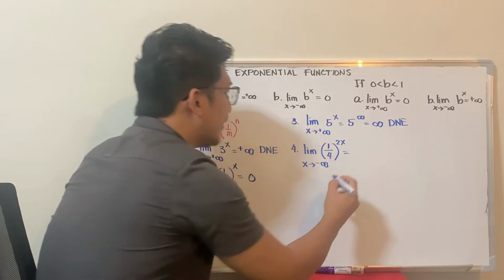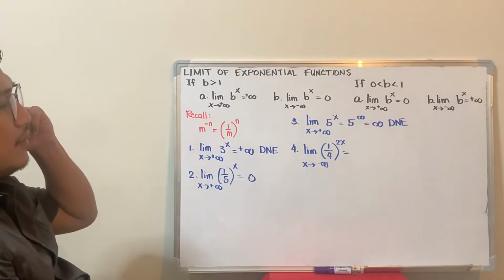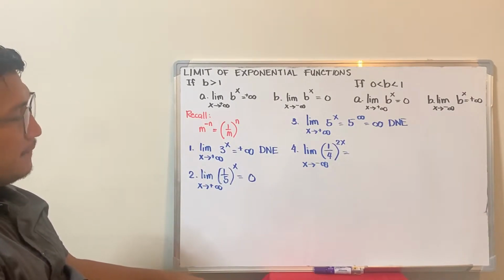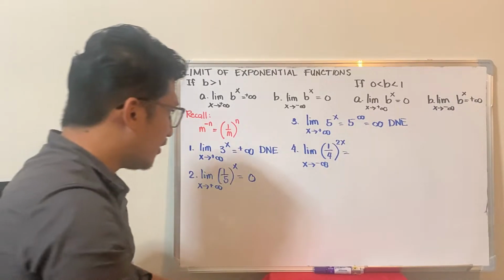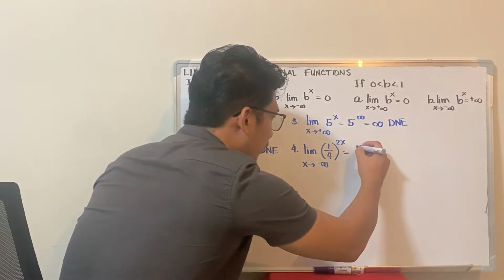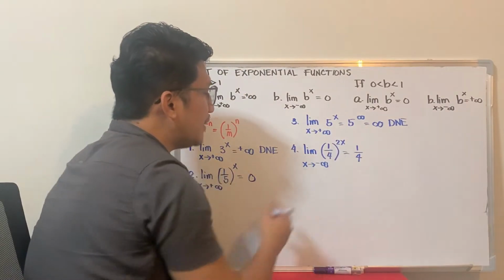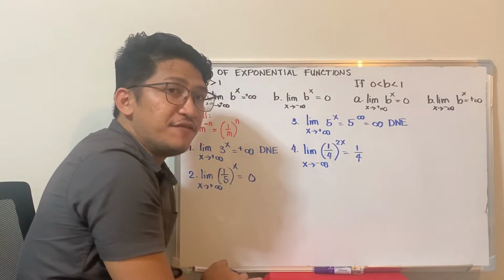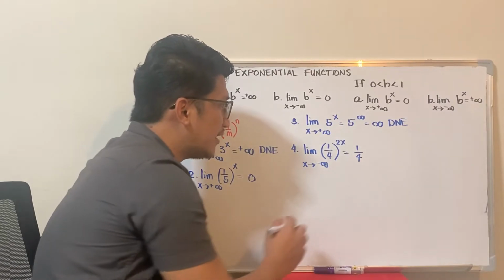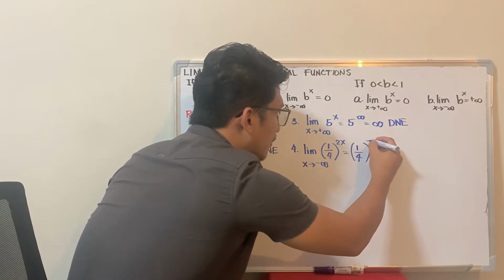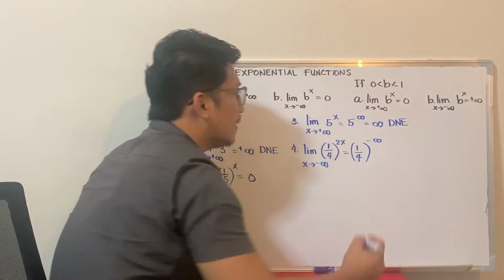Then what you do again, guys, is substitute. So it becomes 1/4. If you substitute negative infinity there, 2 times negative infinity becomes negative infinity. So it becomes 1/4 raised to the power of negative infinity.